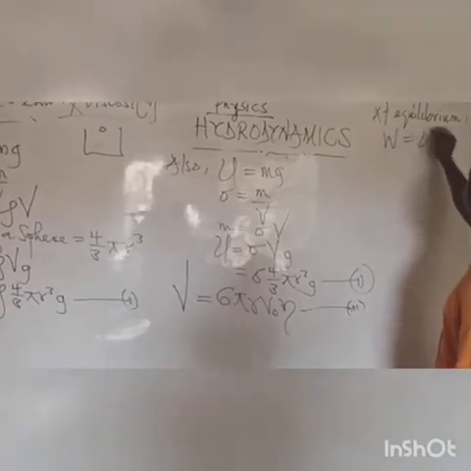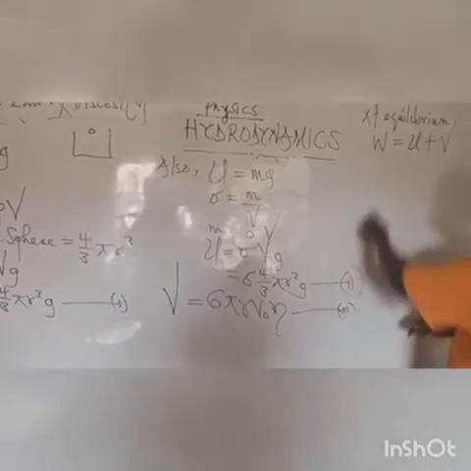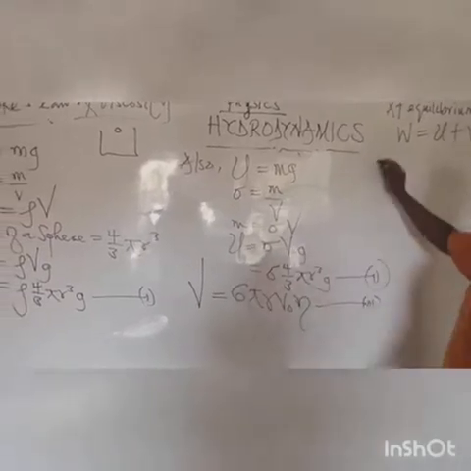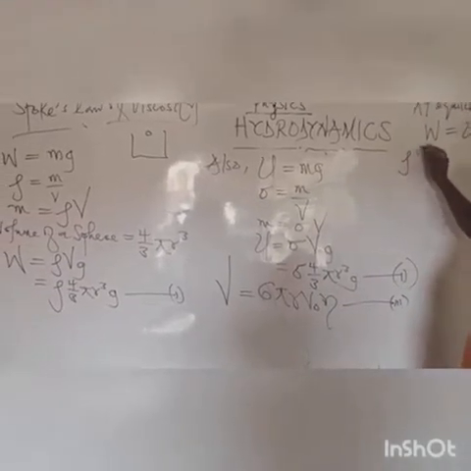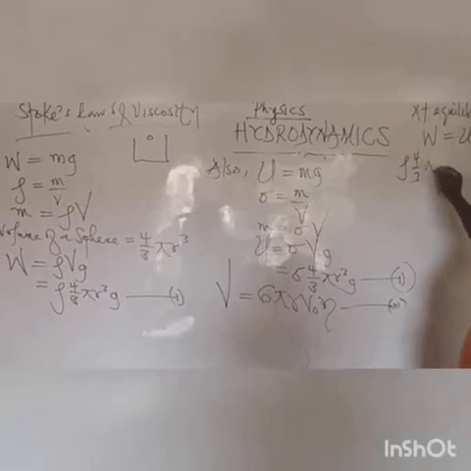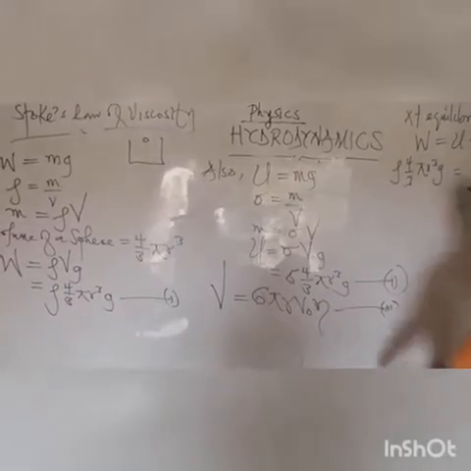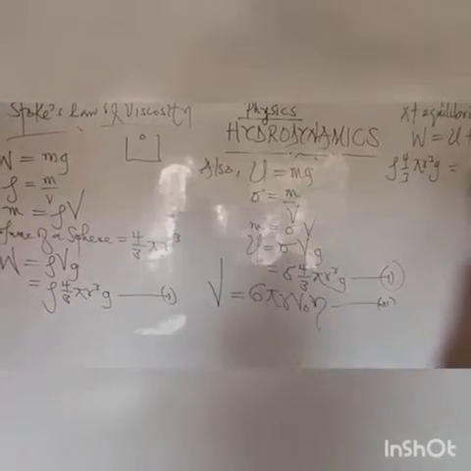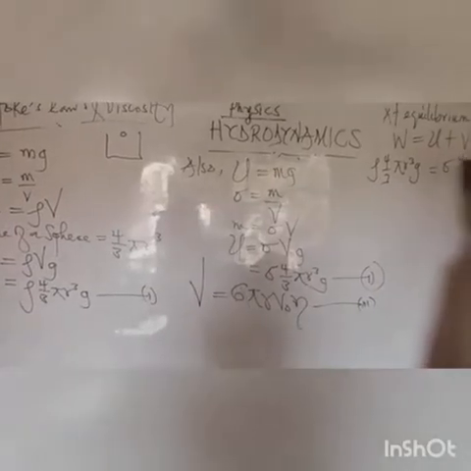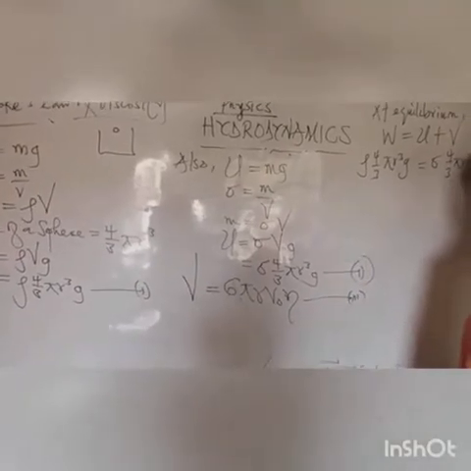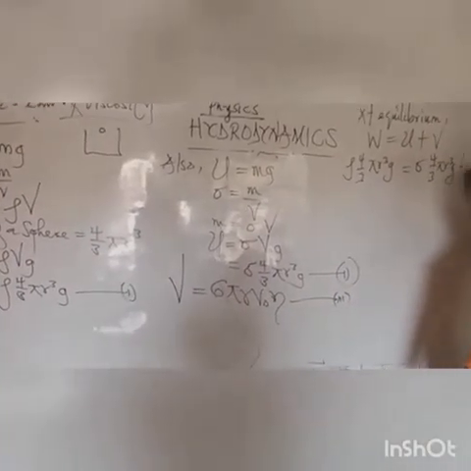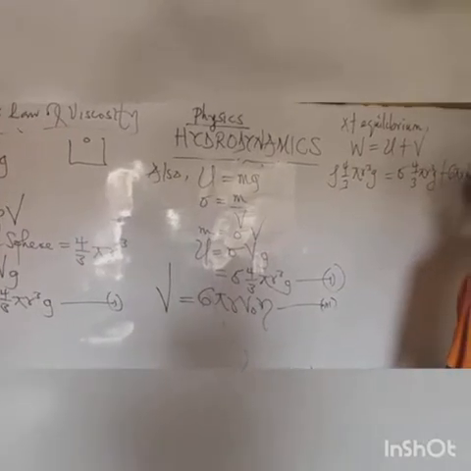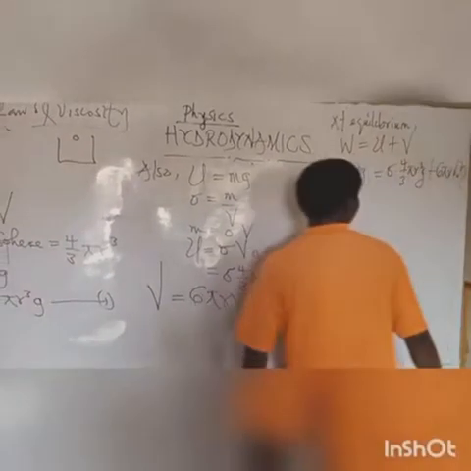According to the equation we got, at equilibrium, W is equal to U plus V. Our W is rho times 4 over 3 pi r cubed g, which is equal to U, which is sigma times 4 over 3 pi r cubed g, plus 6 pi r V naught times the coefficient of viscosity.